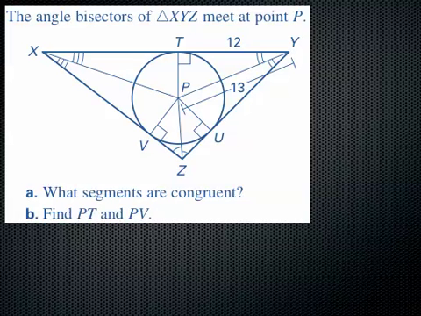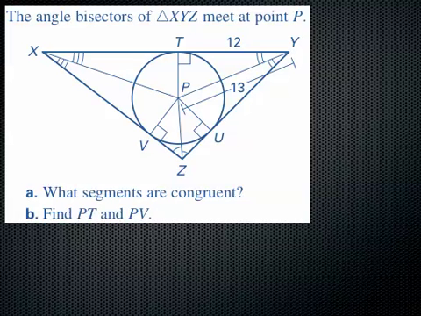This example says the angle bisectors of triangle XYZ meet at point P. What segments are congruent? If the angle bisectors are meeting at point P, that means that point P is equidistant from the sides of the triangle. Remember, in the last lesson we said that to measure a distance from a point to a segment, we had to be forming a right angle at the segment.